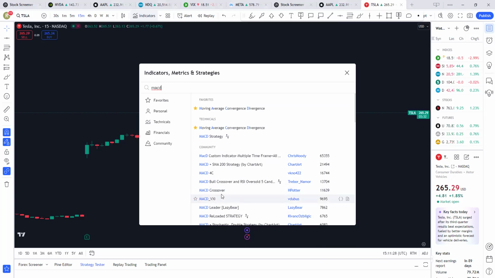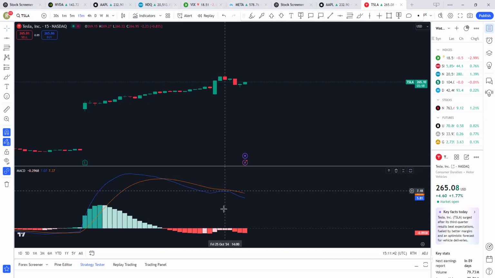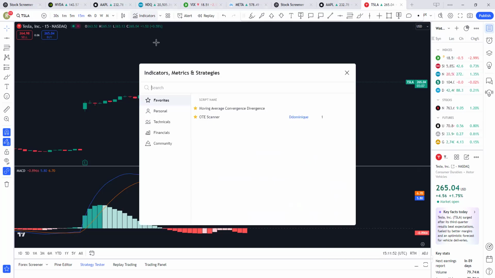So we're going to see the MACD crossover, and the MACD, which is the moving average convergence divergence. Now, this one is a MACD. Once I click on it, it's already been plotted there, both of them. This one is MACD, and it has what you call a histogram on it. The next one is the MACD crossover.